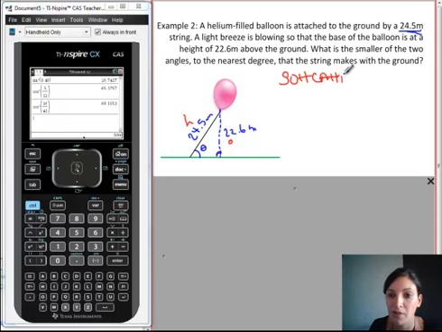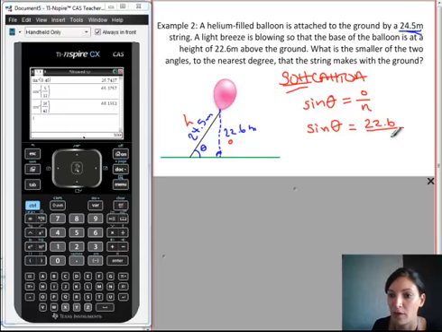Okay, the ratio we want to use, we've got the opposite and the hypotenuse, so we're going to use the sine ratio. So we know that sine of theta is equal to the opposite over the hypotenuse. Fill in what we know. So we don't know theta yet, but we know the opposite is 22.6 and the hypotenuse is 24.5.